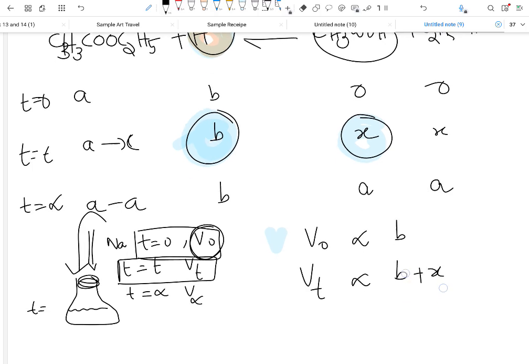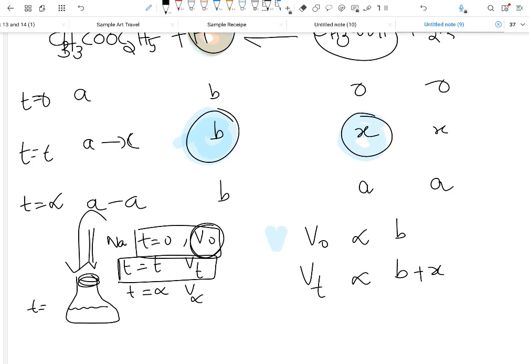Right? Now at time equals infinity, what is that?